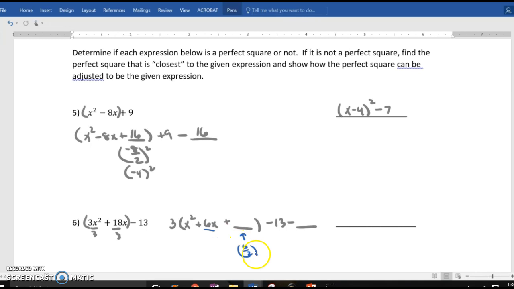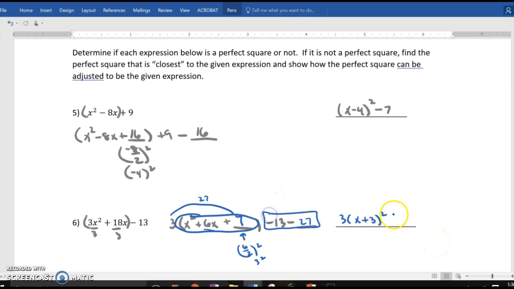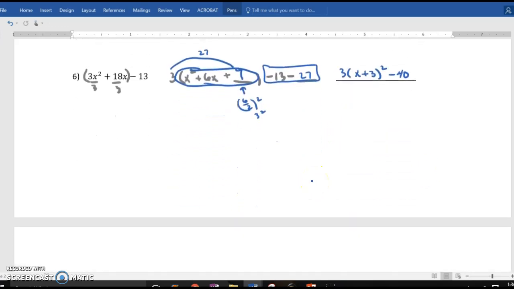So 6 divided by 2, all squared, gives me 3 squared, which is 9. Well, what did I add in here? 3 times 9 is 27. That's what I have to subtract on the outside. So I get 3 times this, in factored form, is x plus 3, all squared. And then negative 13 minus 27 is minus 40. And that would be your vertex form.